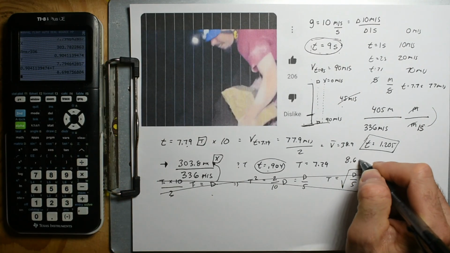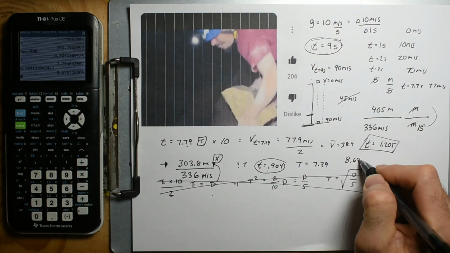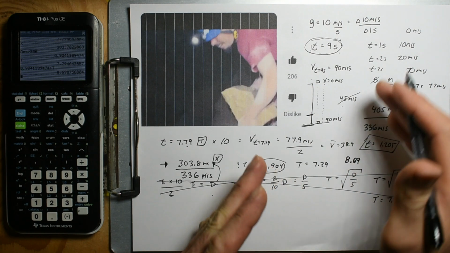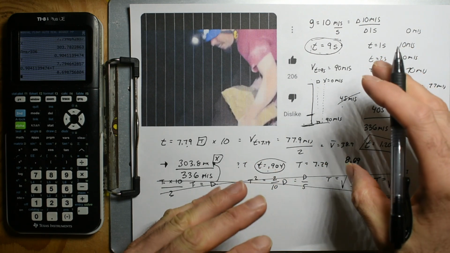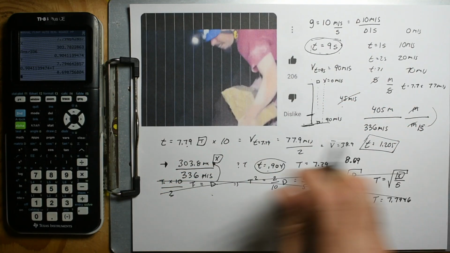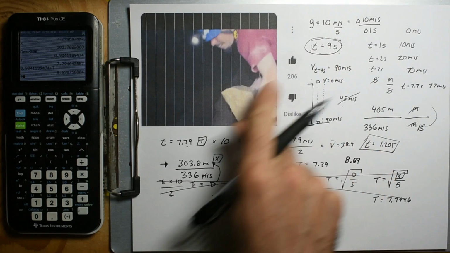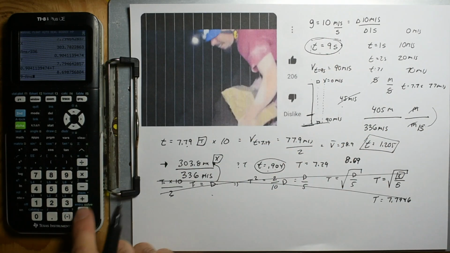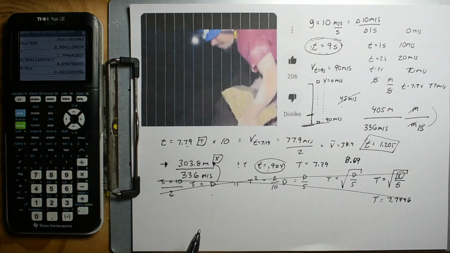We're at 8.69. So now we have too little time. We're using too little time to explain the experiment. And so we need to take 9, the time that we actually calculated, and subtract that. And then here's our difference.